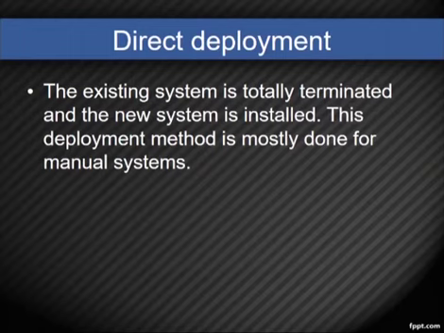This direct deployment is mostly done in a manual system, because with the manual system, all things are terminated and we move to the computerized system. Totally they terminate the existing system, then they install the new system and work with it. That is a direct deployment. Directly move to the new one.